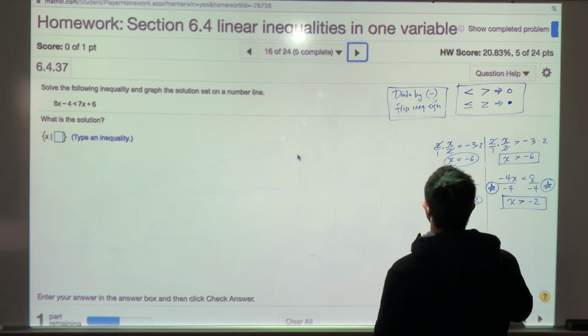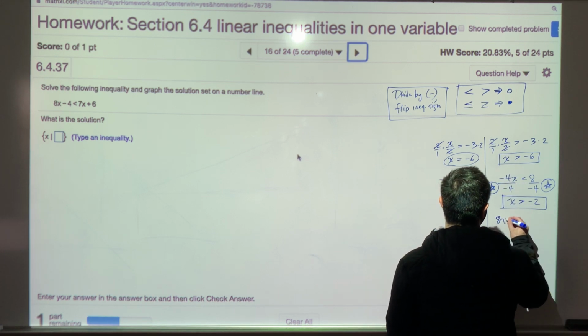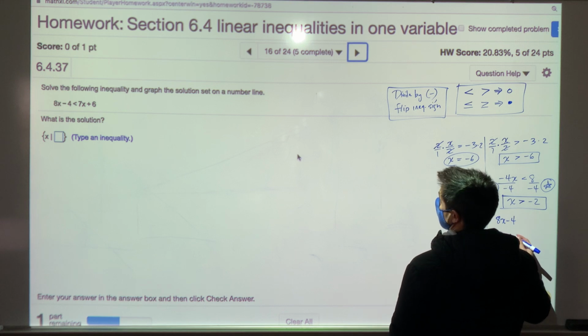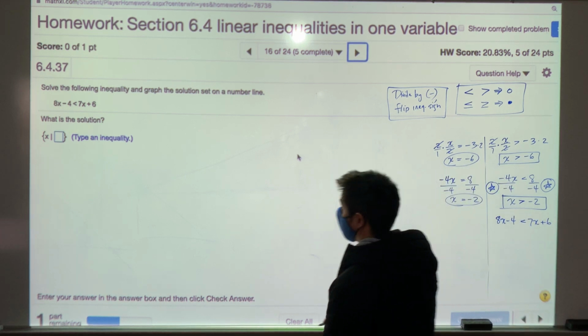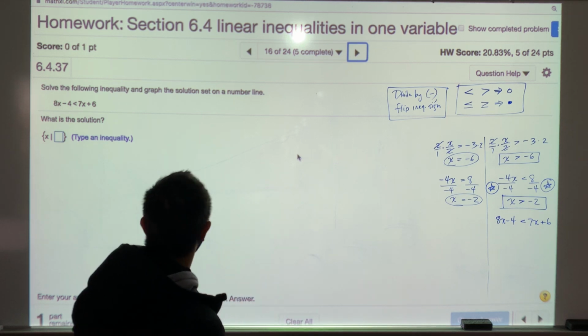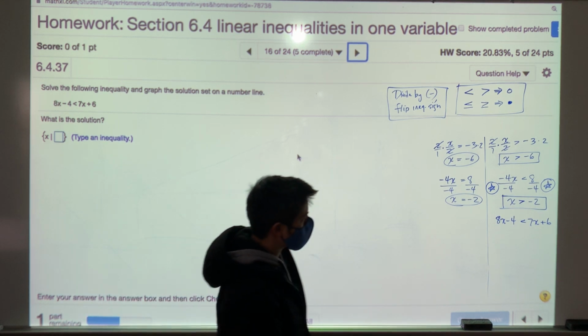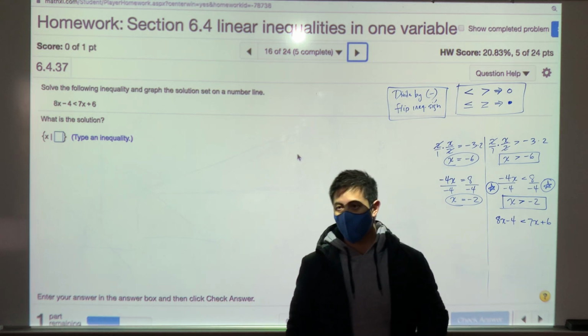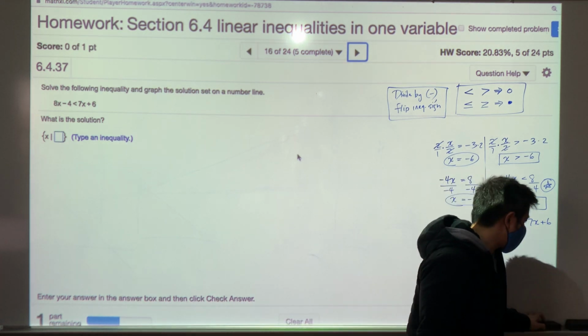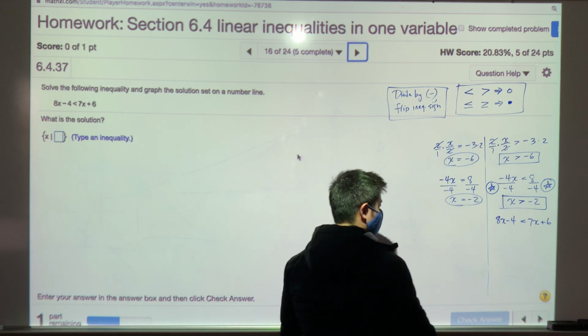Okay, you guys get the idea. You understand that what we're doing right now is essentially the same thing as what we've been doing in previous sections. 8x minus 4. Okay, so if this was an equal sign, you would know exactly what to do. And it is the same thing that we're about to do here.